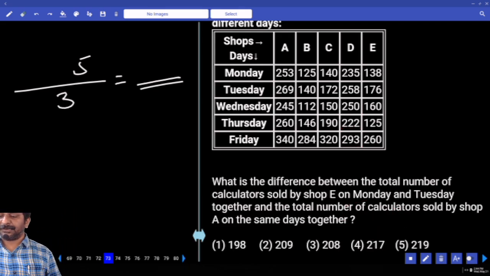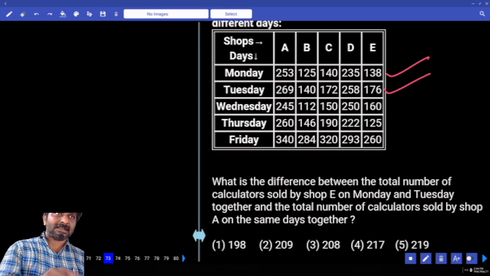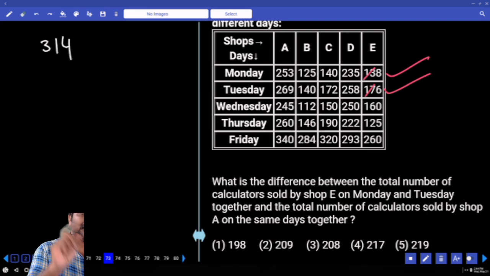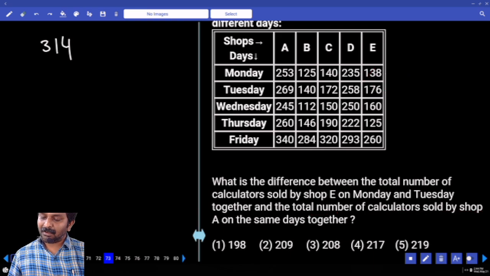What is the difference between total number of calculators sold by shop E on Monday and Tuesday together? E on Monday and Tuesday together. Yes? 130, 170. 8 plus 6. Both together. And total number of calculators sold by shop A on same days together.